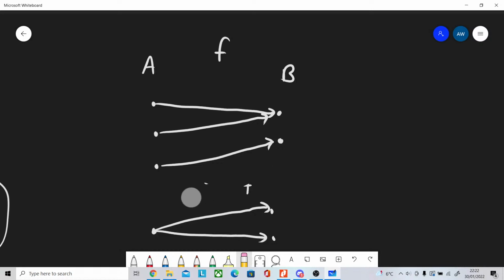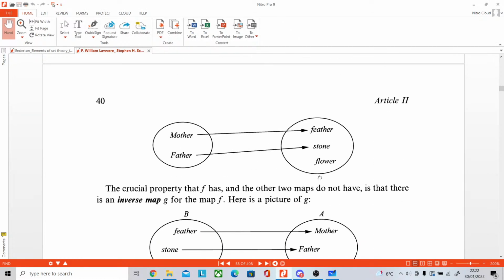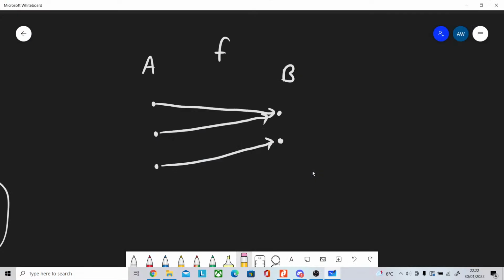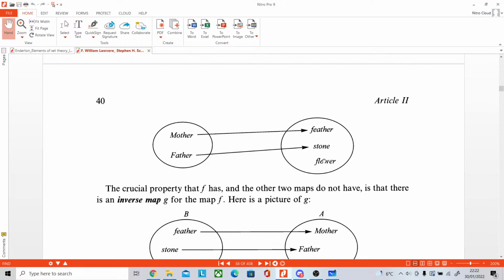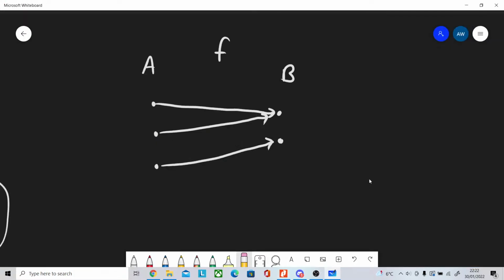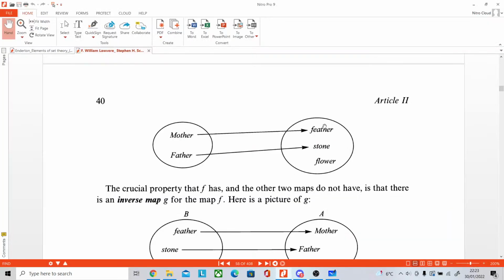Another example in which this can fail is if some element of the codomain is left out. And you can see the problem here. If we want to construct the inverse function, then how will we know where flower maps to? There's no backward path that we can follow. So the inverse function will only have the necessary information.